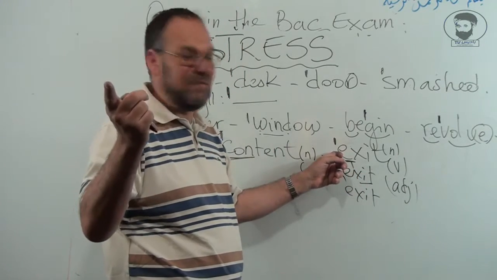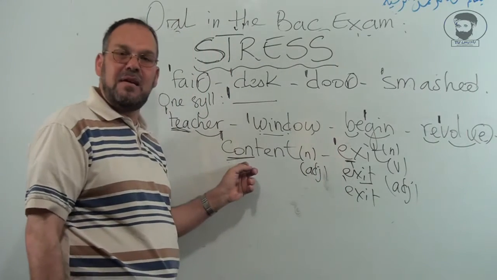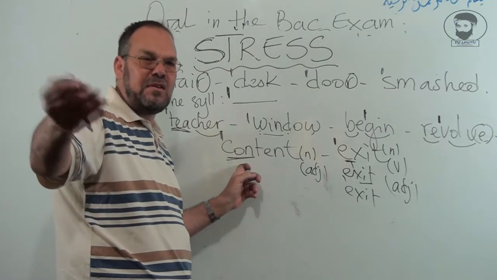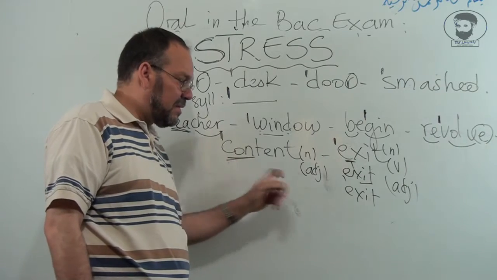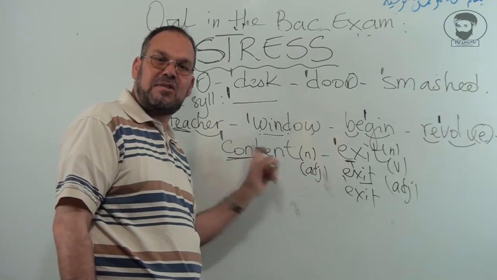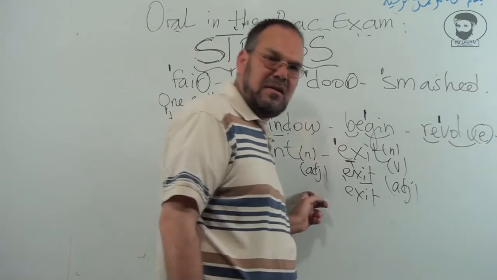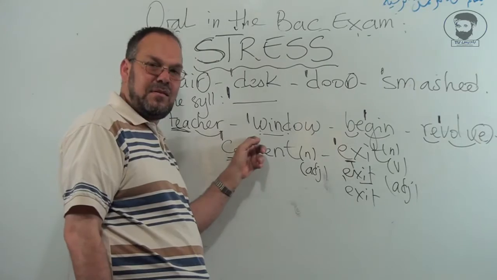But when they use it as a verb, they say exIT. This one can be a noun, like the content of the film, the content of the text. It's CONtent. But it can also be used as an adjective: I am conTENT, it means satisfied. There's no verb for this one. If there is a verb, you say conTENT.